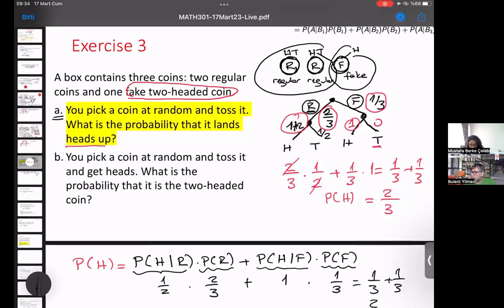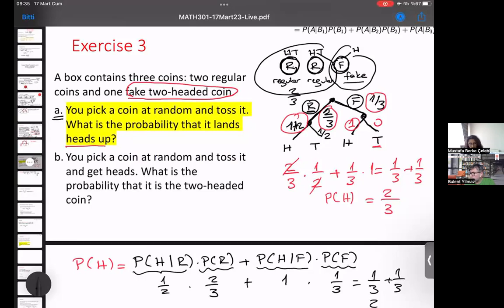Okay, and I solved it with 2 different approaches. One of them is a tree diagram approach. It's going to be like regular coin and fake coin. What's the probability of obtaining a regular coin? There are 2 regular coins out of 3 coins. It's like 2/3. What's the probability of obtaining a fake coin? It's 1/3.